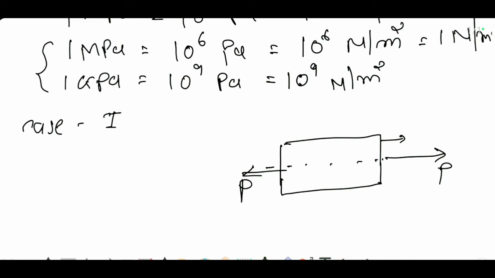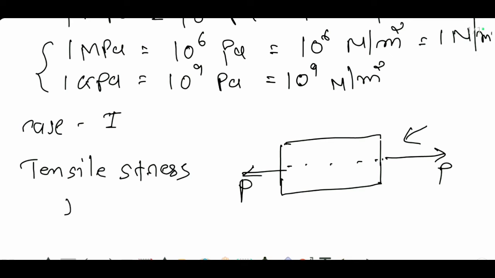But here it is a simple stress, so we just assume that it's acting only axially on the body. The fibers of the component tend to elongate due to this force acting on the body. When the fibers of the component tend to elongate, it's called tensile stress, denoted by sigma t, and it is always greater than 0.